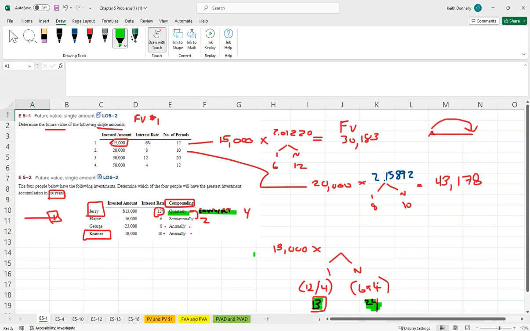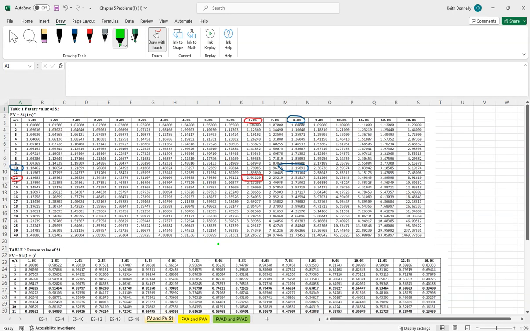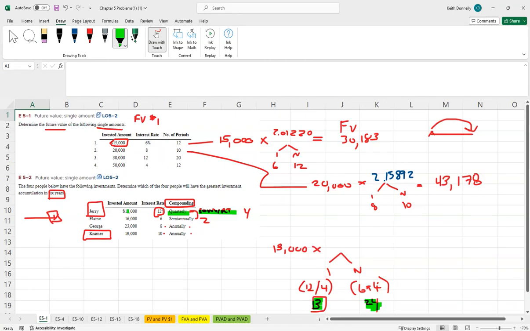In those situations, you could hypothetically use Excel in the real world. That's probably what they would do all the time. But there's an idea with it. Again, we have to convert because when they design these tables, it's on a per period basis. So for Jerry, he's getting quarterly, 4 times a year, over 6 years.